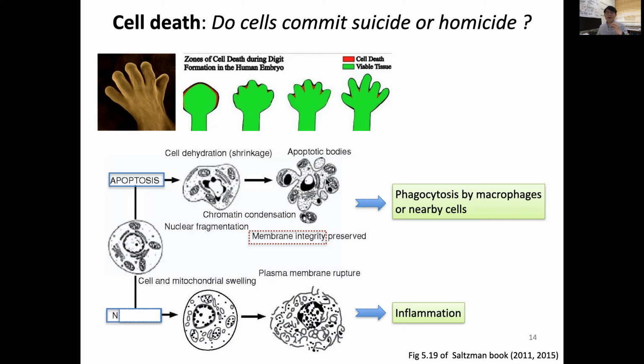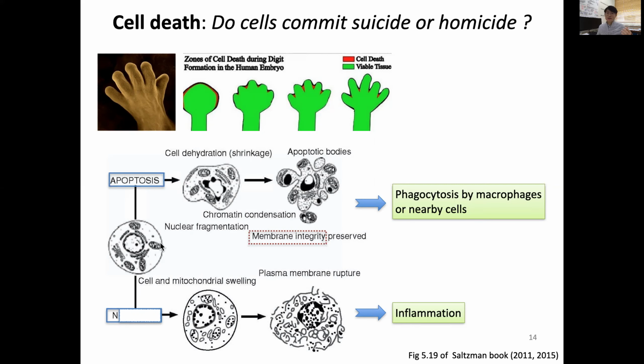They will be taken up by cell-eating cells nearby, such as macrophages. That's called phagocytosis, phago meaning eating. So phagocytosis by macrophages or nearby cells can clean up. What's important here is that membranes are intact. So membrane integrity is preserved, making a very clean way of cell death.